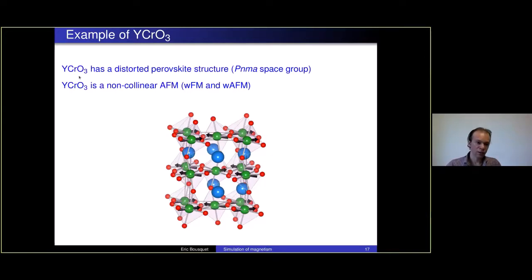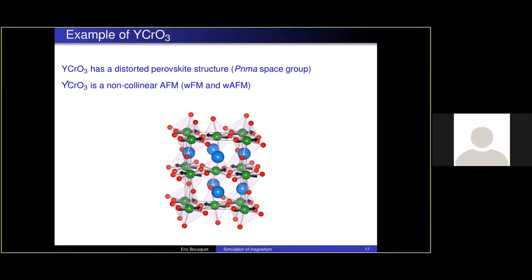This yttrium chromium oxide is a perovskite, but in the ground state it is distorted. This is the most common Pnma orthorhombic space group, where the oxygen octahedra are tilted and rotated between each side.